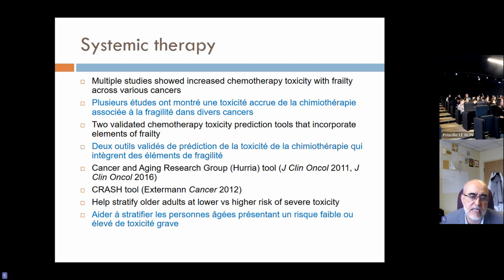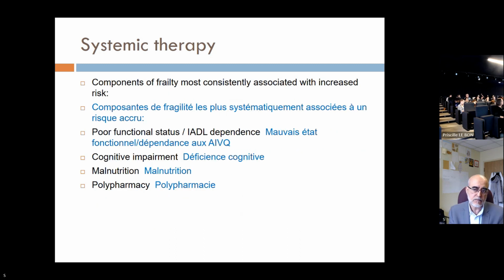I will not go into them in any detail, but these tools incorporate frailty, but they do not look at frailty directly. They look at elements of frailty that are associated with increased risk. But they do allow us to stratify patients better who have a higher risk of severe side effects.